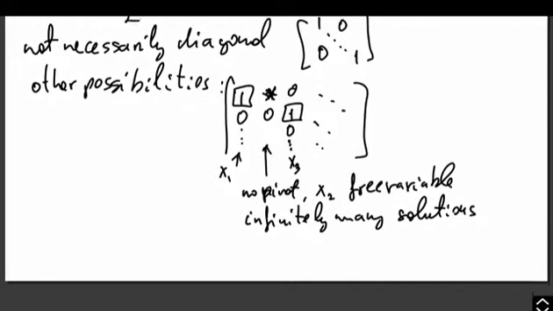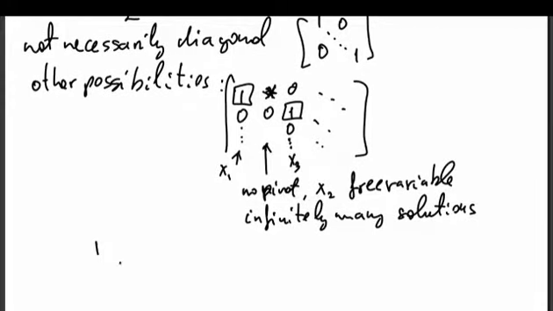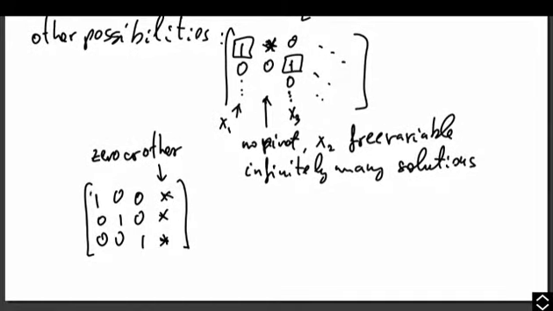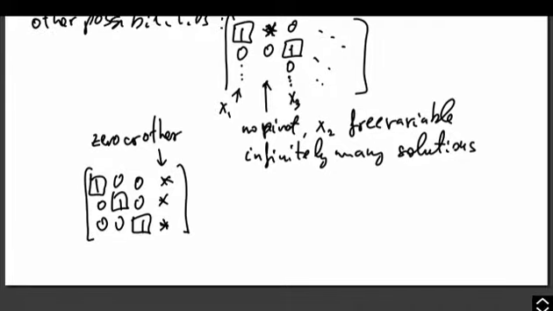We can also have a situation where it looks like a diagonal first, but then in addition to the 3 rows and the 3 columns, we have a 4th column with some entries. It doesn't matter what those entries could be, 0, doesn't matter. So this is not a diagonal matrix either, because it's not even a square matrix.